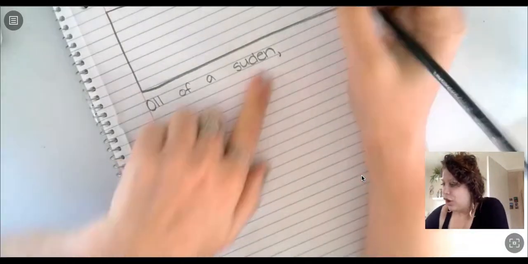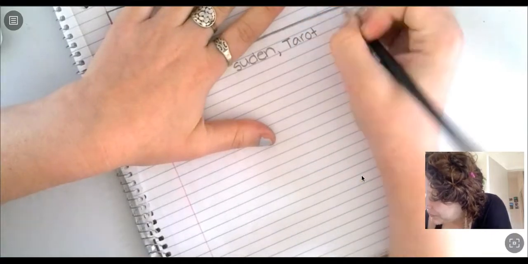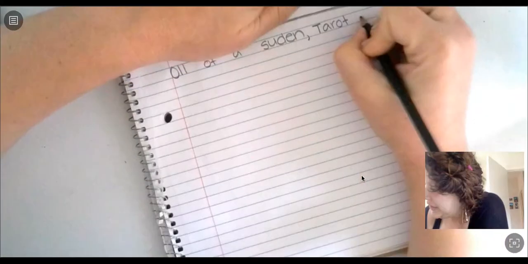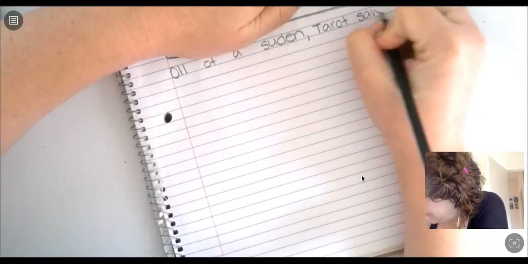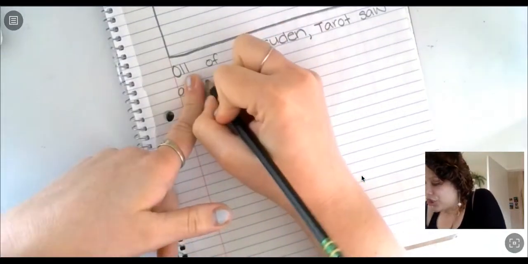All of a sudden, Taro saw a shadow. Taro saw a shadow. S-H.